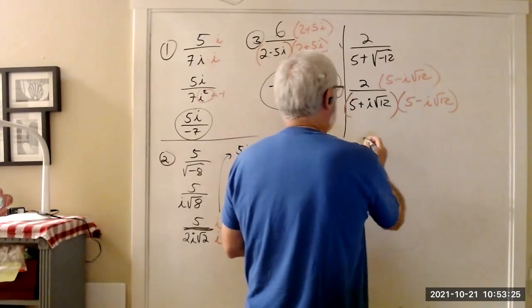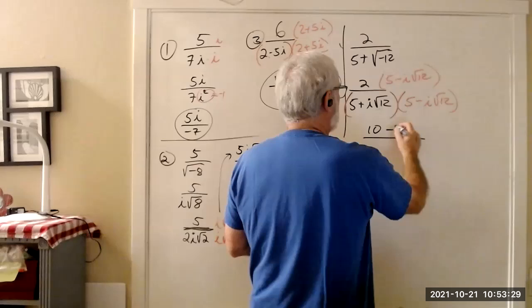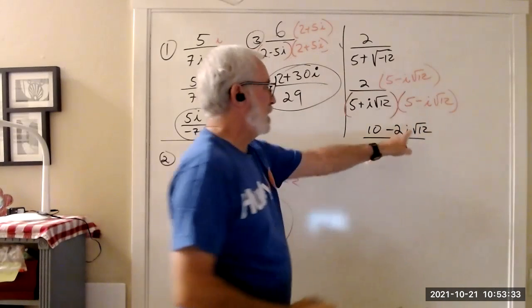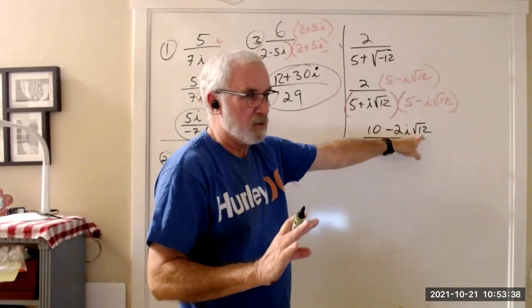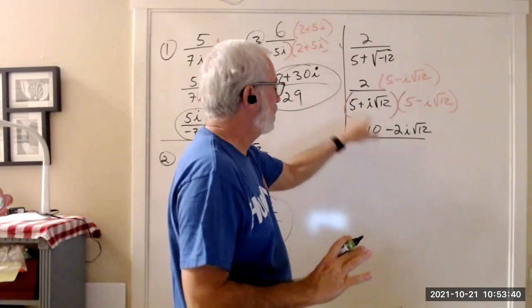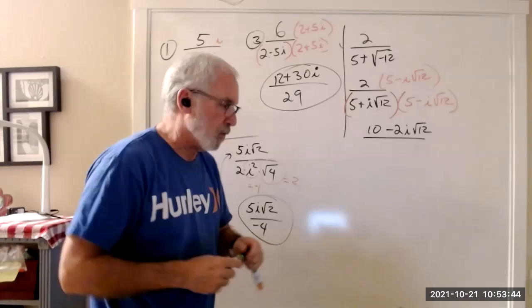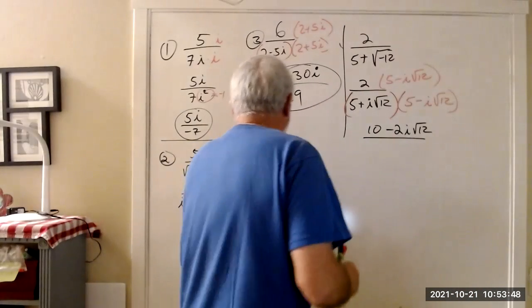On top, I have 10 minus 2i radical 12. And I'm eventually going to have to clean up the square root of 12, but I'll worry about that in a moment. On bottom, I have to multiply these two together. So I have to go back to my matrix, my box.